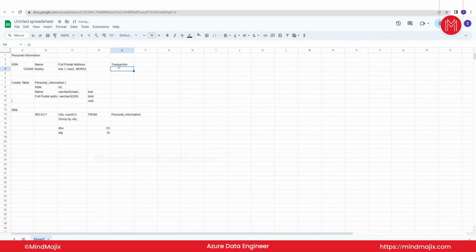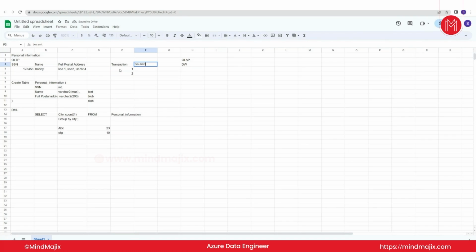But these all come under OLTP, the online transaction processing system. And if I talk about the data warehouse, we call it online analytical processing systems. So in the transaction table, I will have the transaction amount.